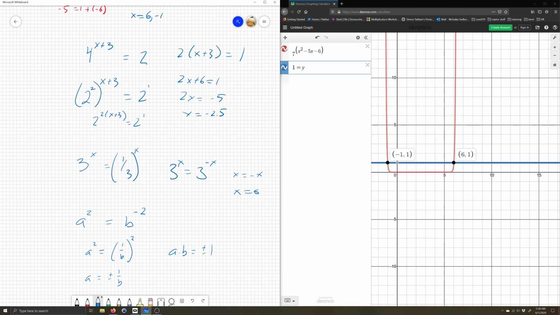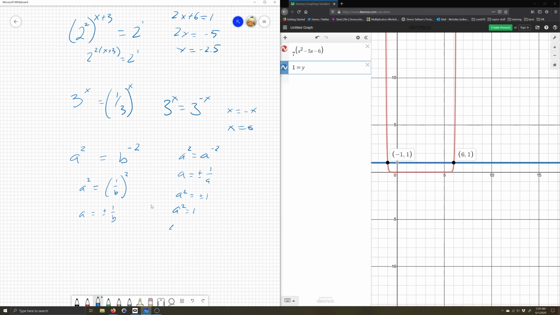Right, so for example, if you had a to the second equaled a to the negative second, then you get out of that that a is plus or minus 1 over a. So a squared is plus or minus 1. And in fact, since a has to be a real number, that means that a squared is just 1.